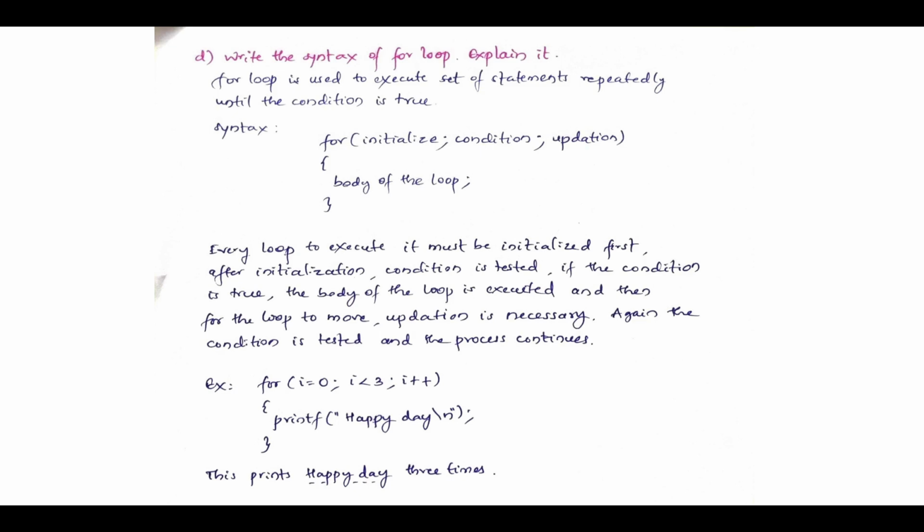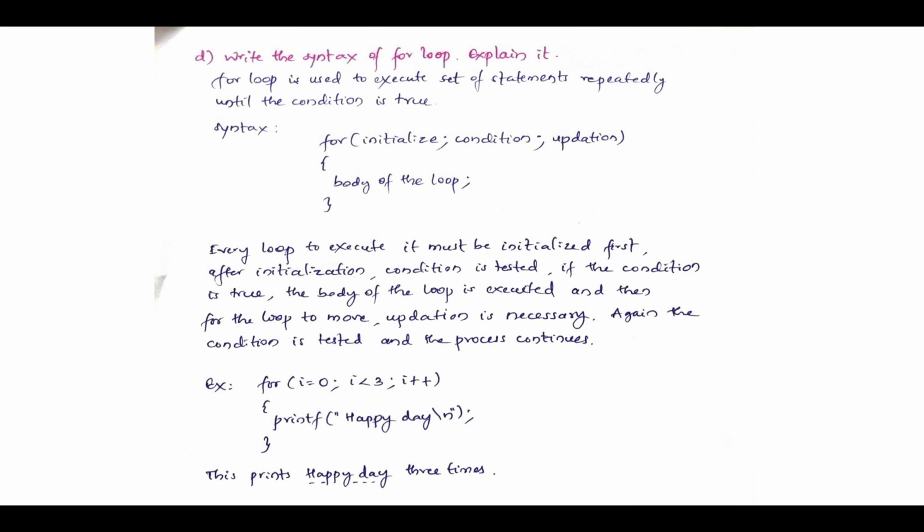Repeating statements are written inside the for loop. Every loop to execute must be initialized first. After initializing, the condition is tested. If the condition is true, the body of the loop will be executed and the for loop will move again and again using that updation variable.